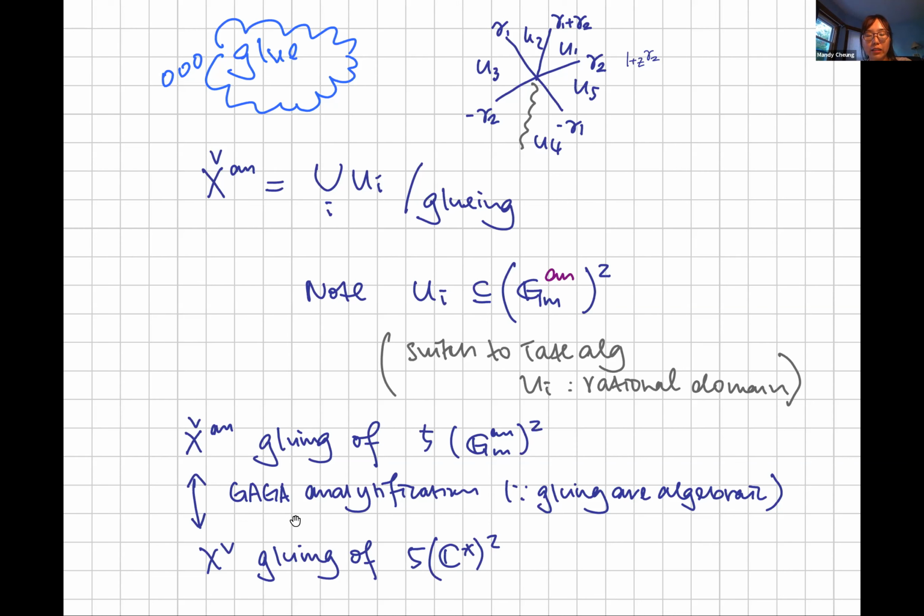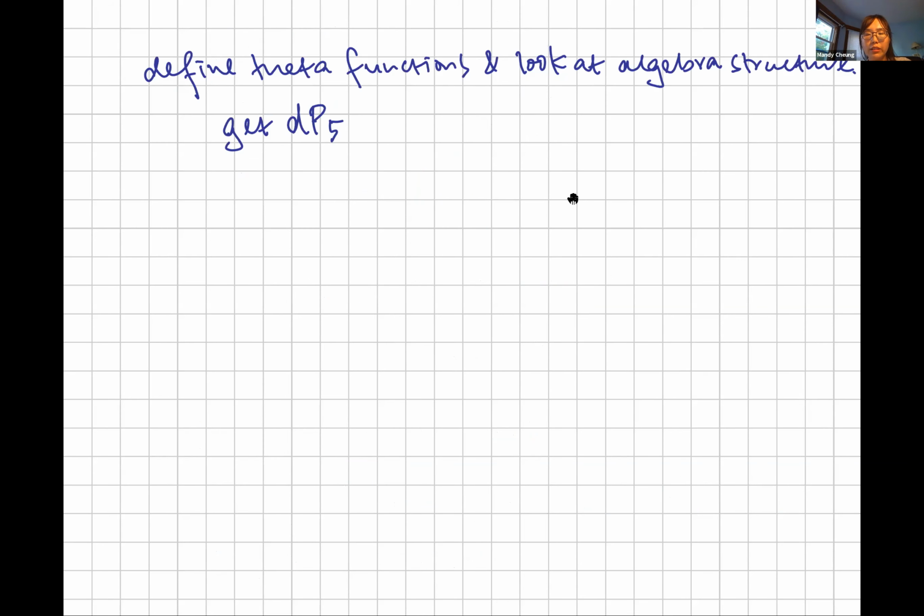So by GAGA identification, we can lift all the gluing to the analytic setting. So here we have the analytic gluing of 5 analytic tori. You can see I basically get everything already, but at the end, I still want to know how the space looks. It doesn't matter that much to look at dP5.